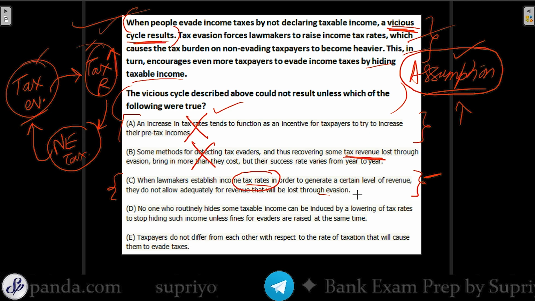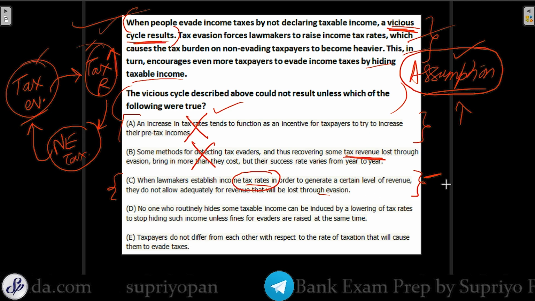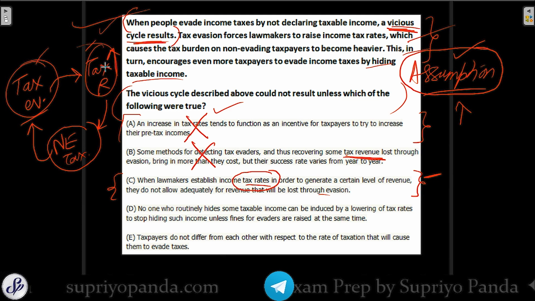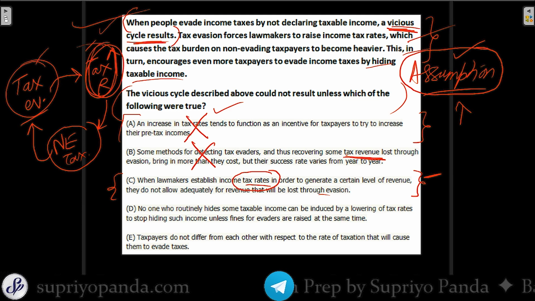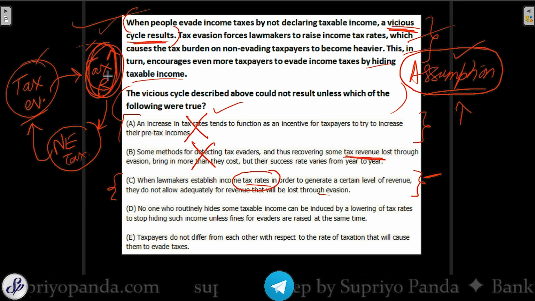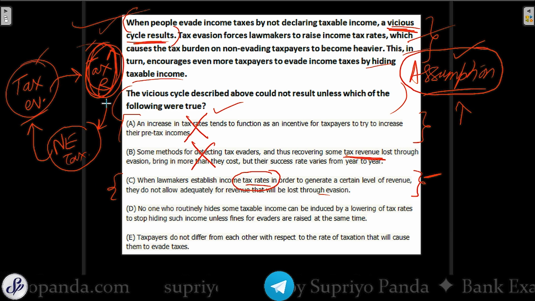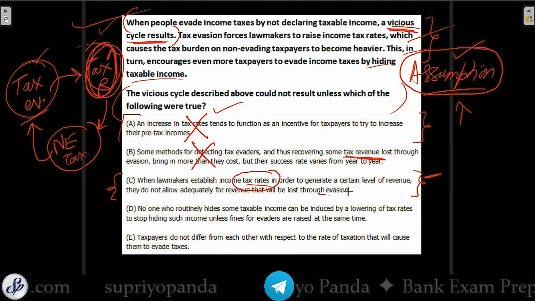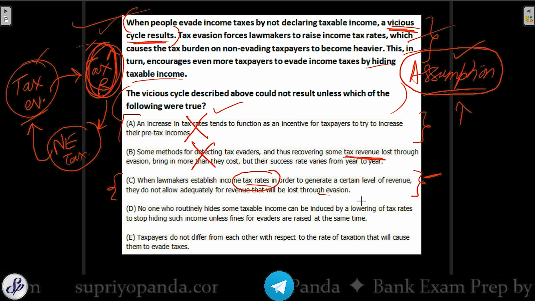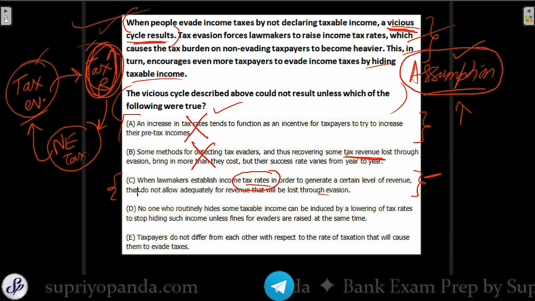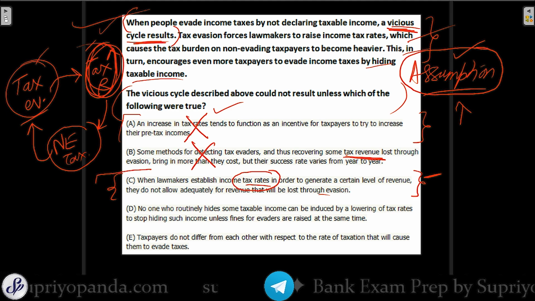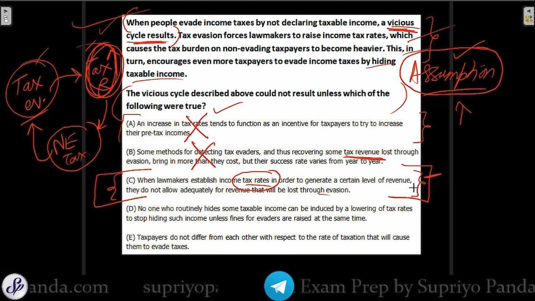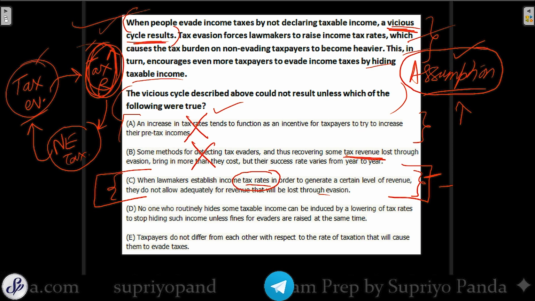So if this was not true, then this vicious cycle will not happen, because the vicious cycle is only happening because the government is losing the revenue over here, right? So as we saw, the government was losing revenue, so they are again increasing the tax rates, and then the non-evading taxpayers are also becoming tax evaders. So if this was not true, then the entire thing falls apart. So especially this argument, it has to be true. So if the lawmakers do not adequately plan for it, only then the vicious cycle can happen. So this is a probable answer.